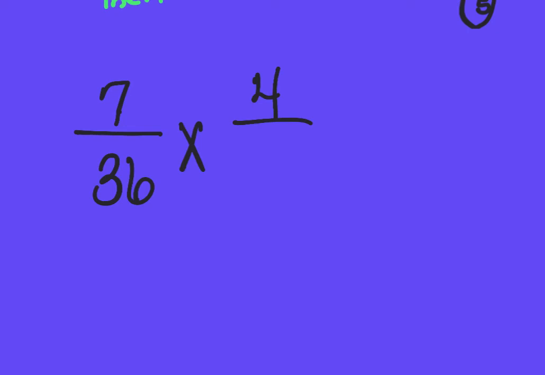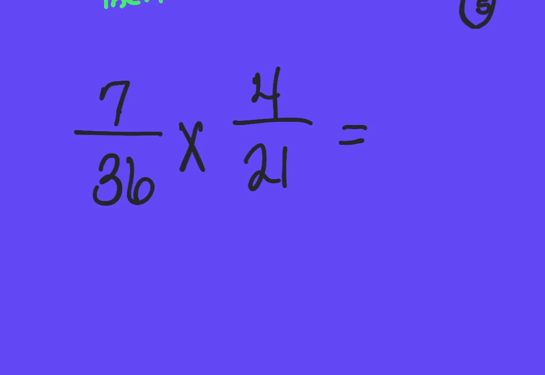Let's do 7/36 times 4/21. So this time, because I'm having larger numbers, I know that I don't want to say 36 times 21 because that's a double digit times a double digit, and that gets all confusing some days.